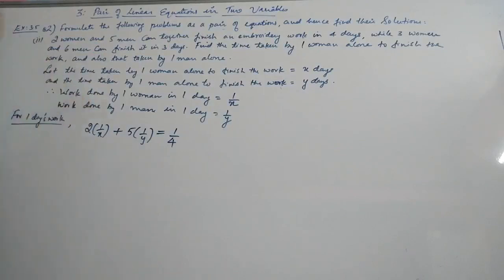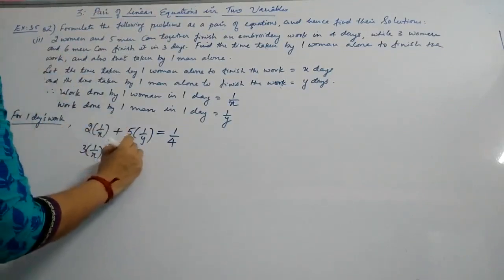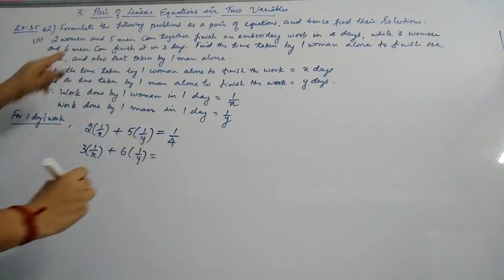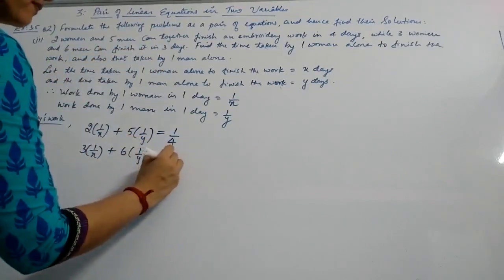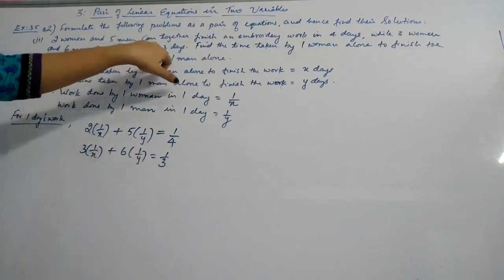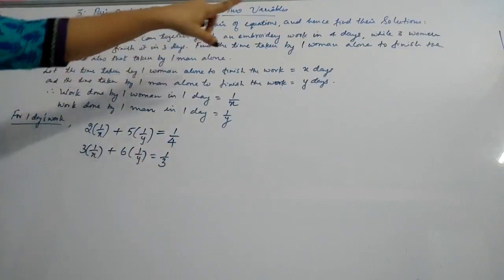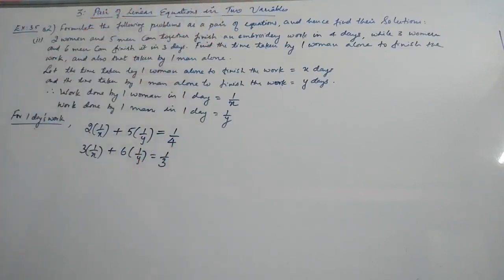Again, for the second one, you have 3 women and 6 men. So 3 women, 1 day's work, 6 men, 1 day's work. In total, they will be completing 1 by 3rd of the total work. Since they are using 3 days to complete the work when they are in number as 3 and 6 respectively. So these will be the equations formed.